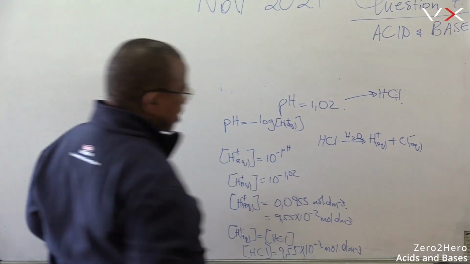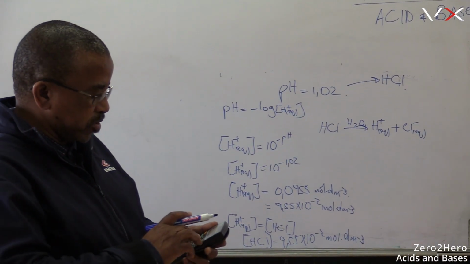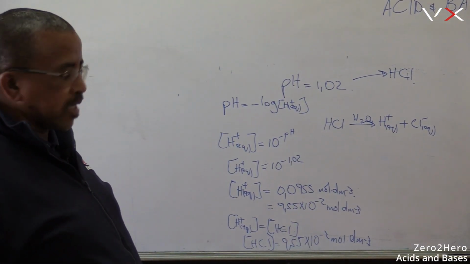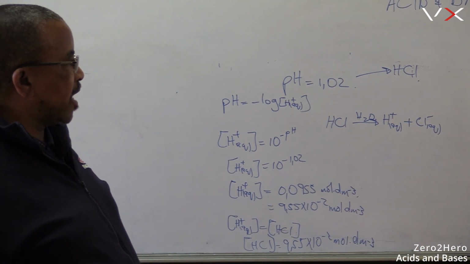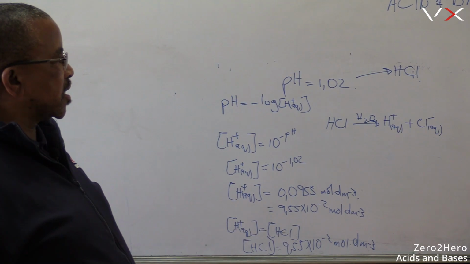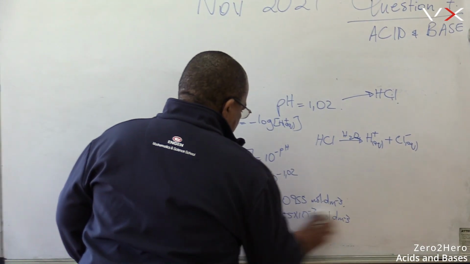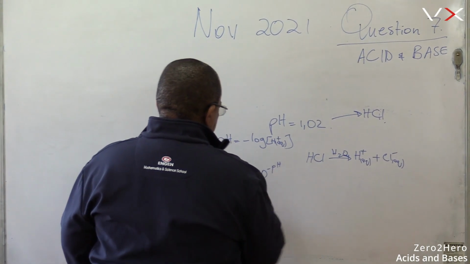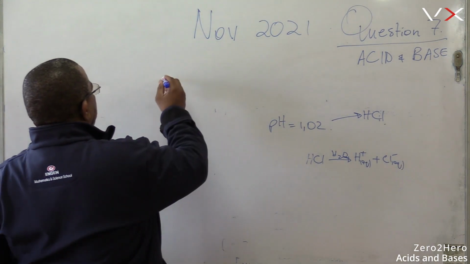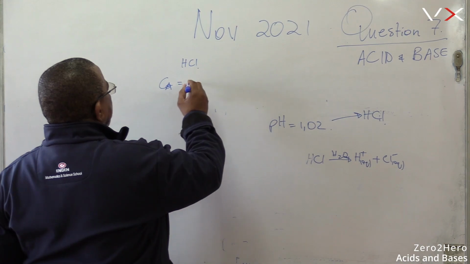So we have found the concentration of HCl. Now they say the HCl solution reacts with sodium carbonate. The HCl solution, we know the concentration of the acid, HCl, how much is it?